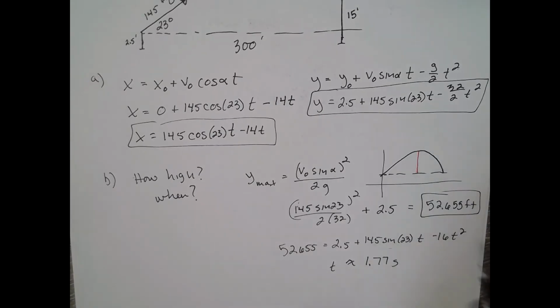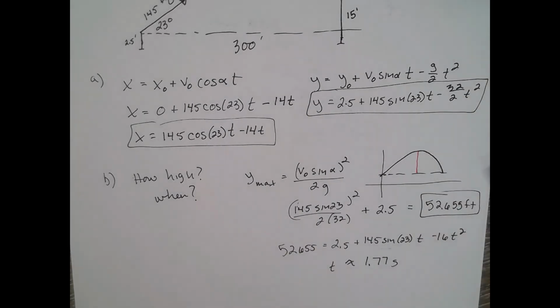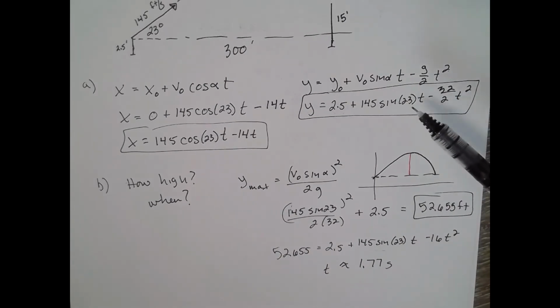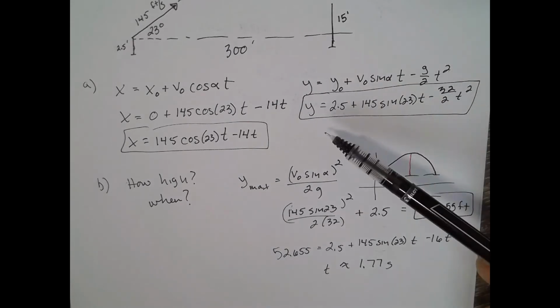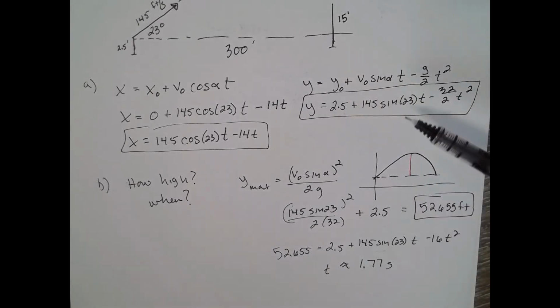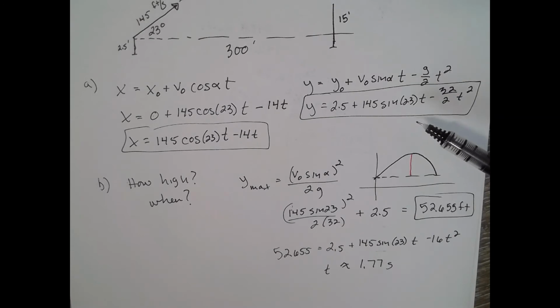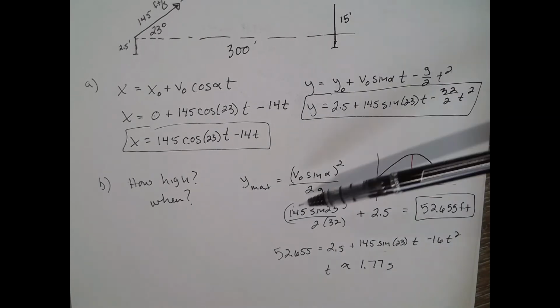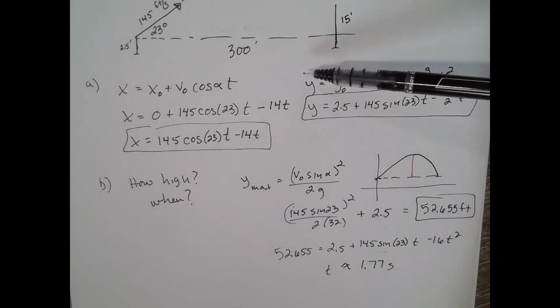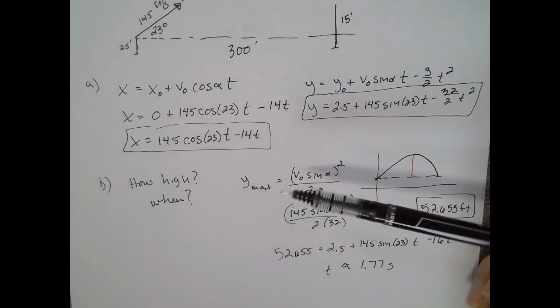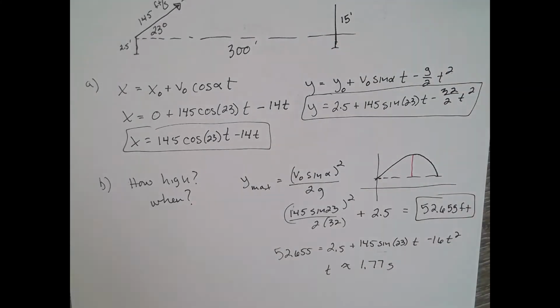Alright, so another way we could have done it, for how high is it, is we could have used calculus and found the derivative of our y function. So find dy dt. Okay, so that's the vertical velocity, and find out when it's 0. So set it equal to 0 and solve, and you get time, and that'll be 1.77 seconds also.